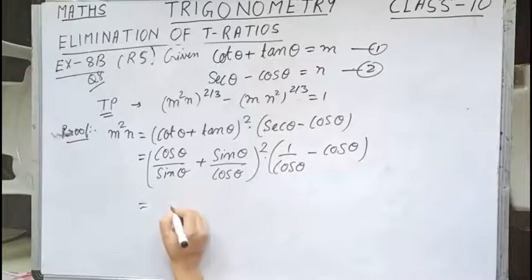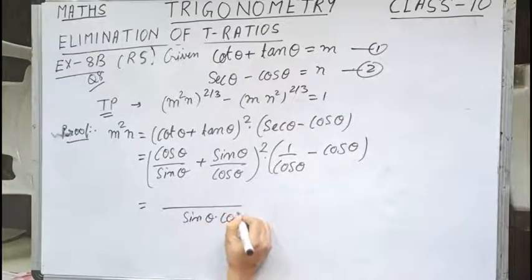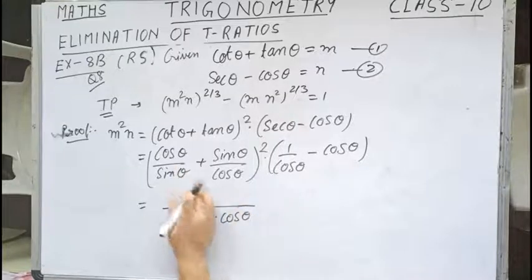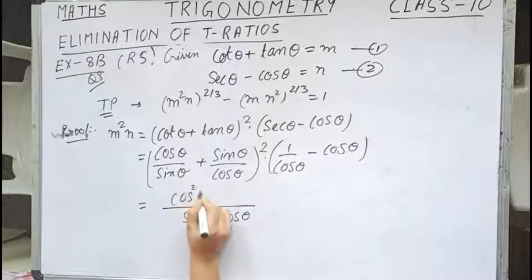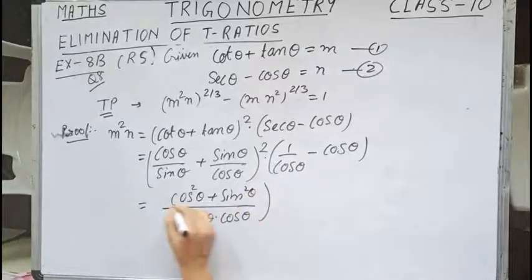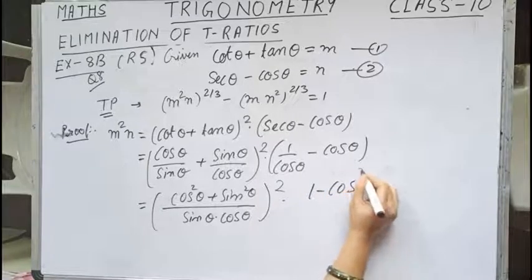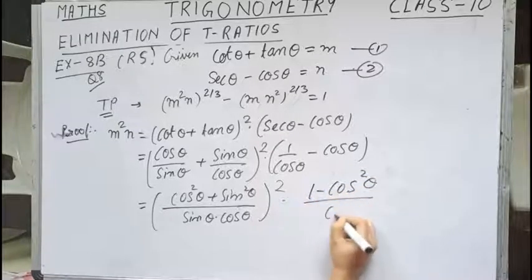Now after solving, we will be taking the LCM as sin theta into cos theta, over here cos square theta plus sin square theta, and whole square into 1 minus cos square theta by cos theta.